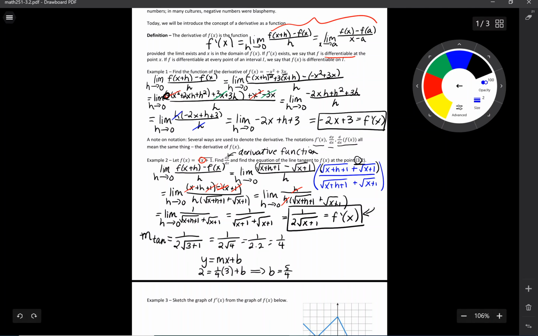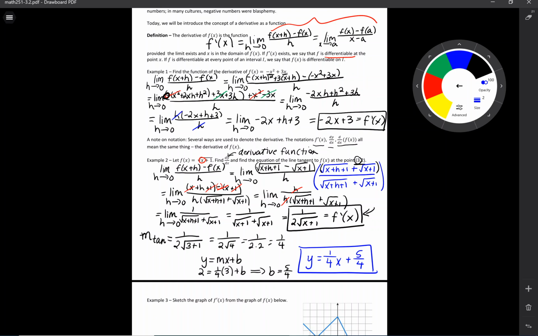So my tangent line is y equals 1/4 x plus 5/4. We simply plugged our x value into our f prime of x function in order to find this.